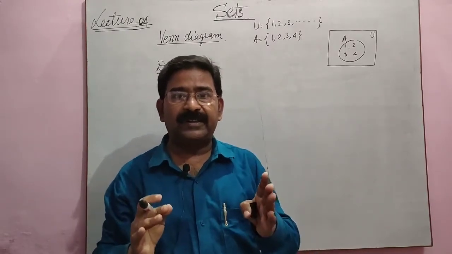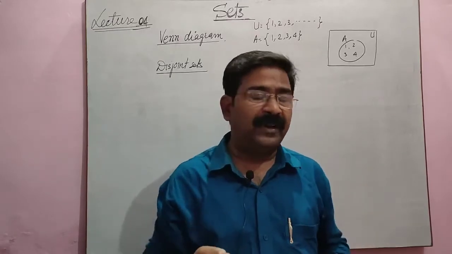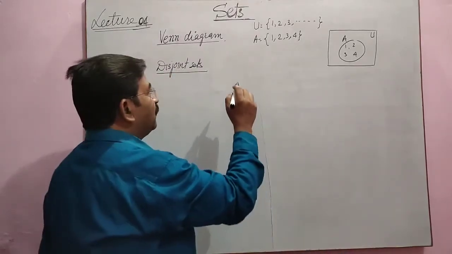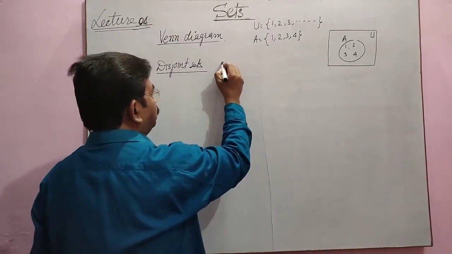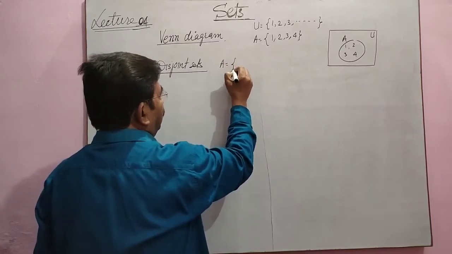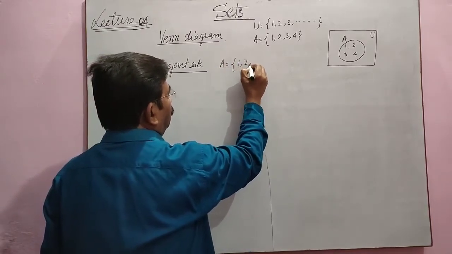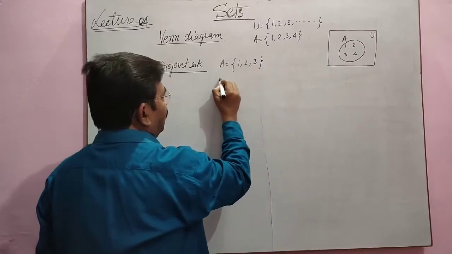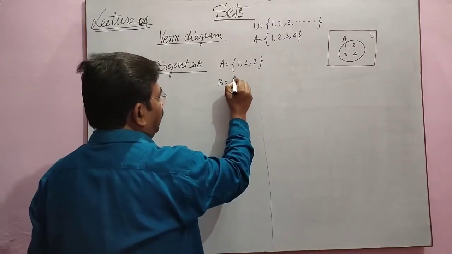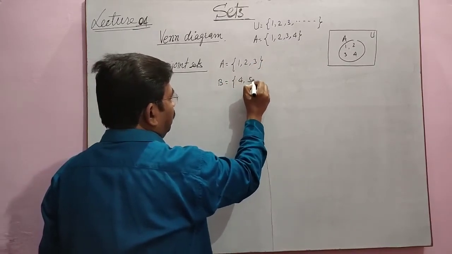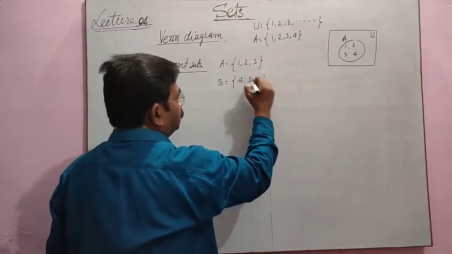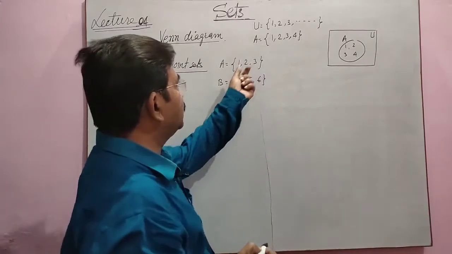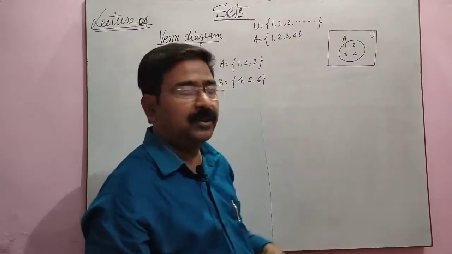Suppose I am first giving an example. A set A, we have 1, 2, 3. A set B, we have 4, 5 and 6. And its universal set is set of natural numbers.